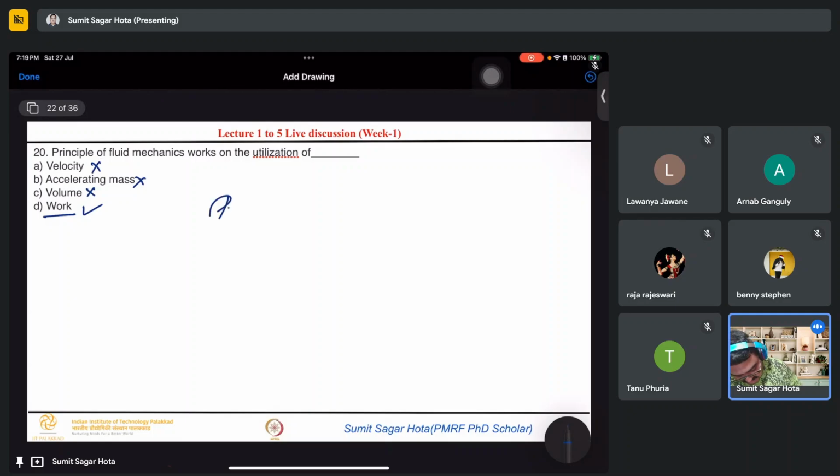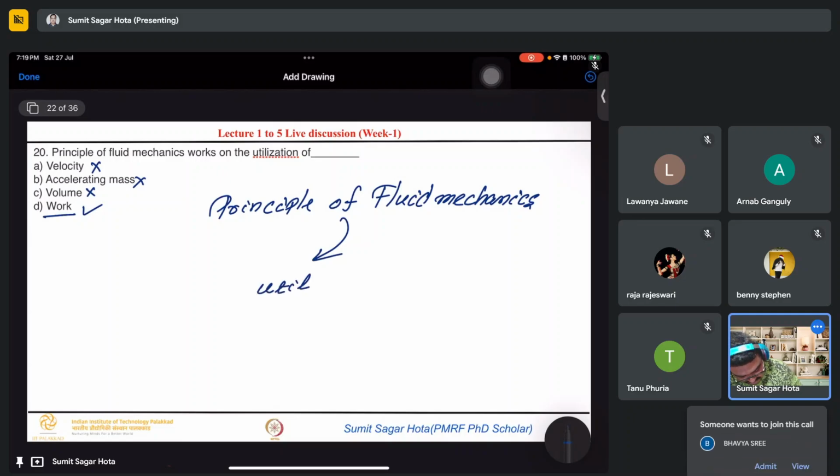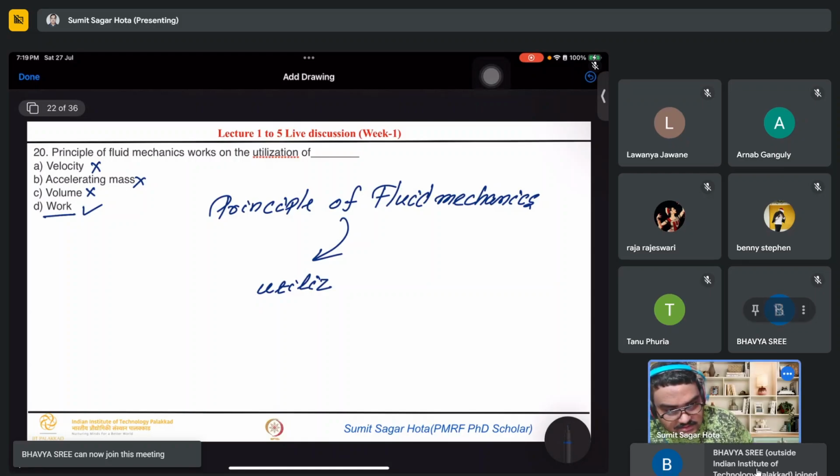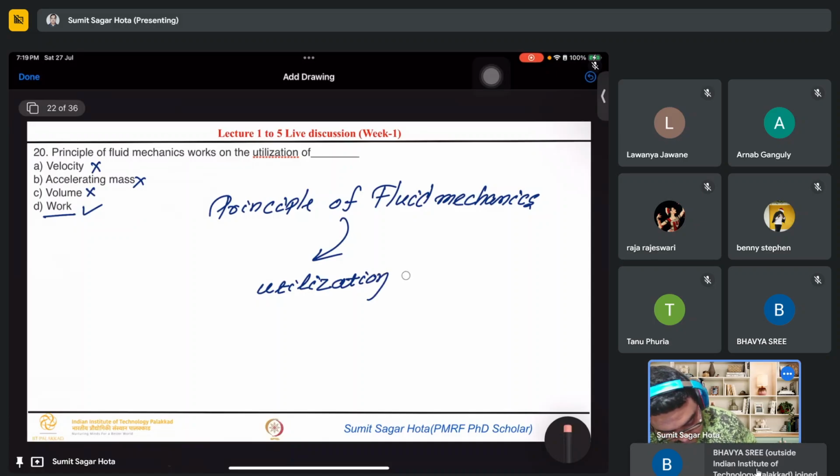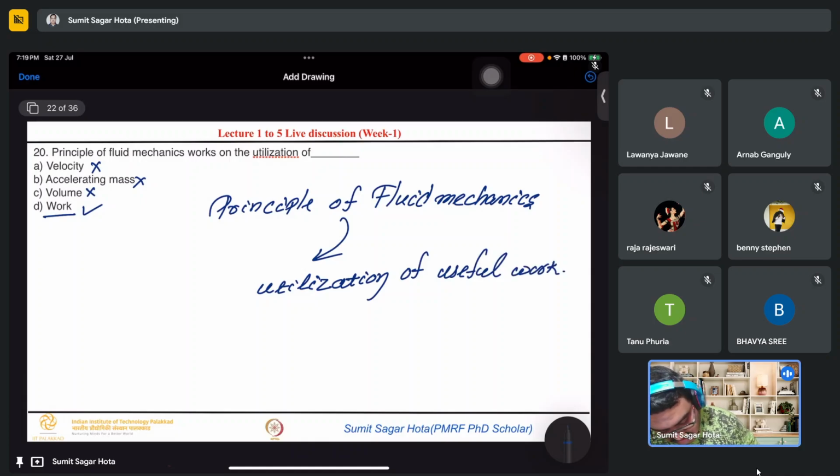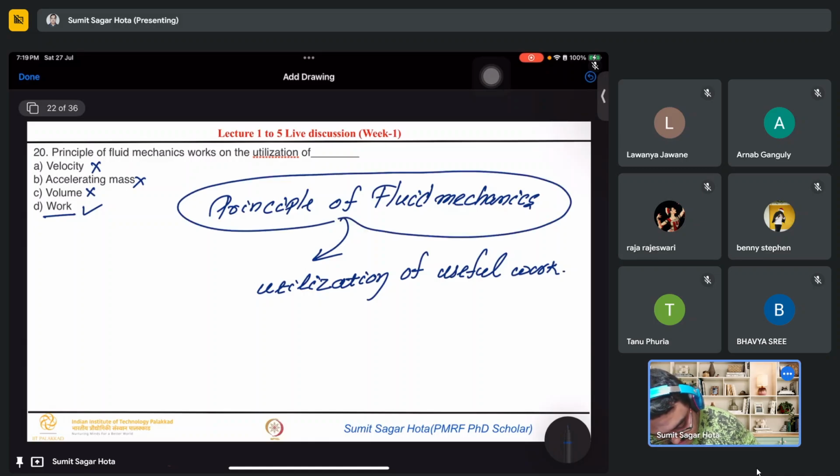The principle of fluid mechanics is the utilization of useful work.